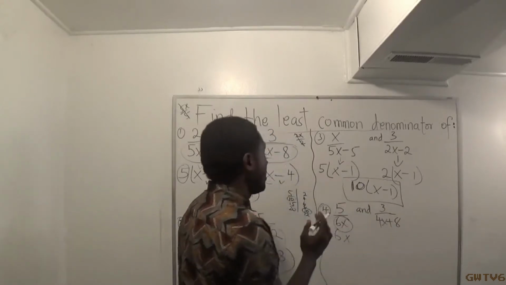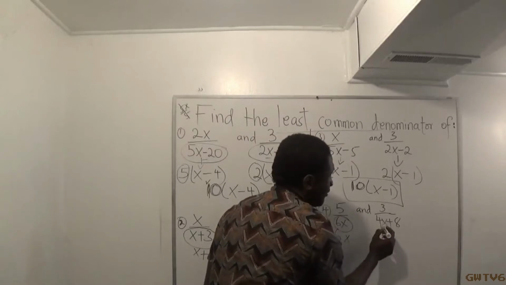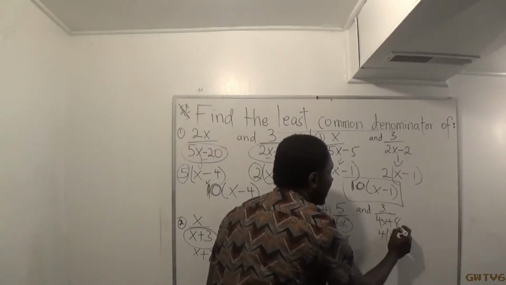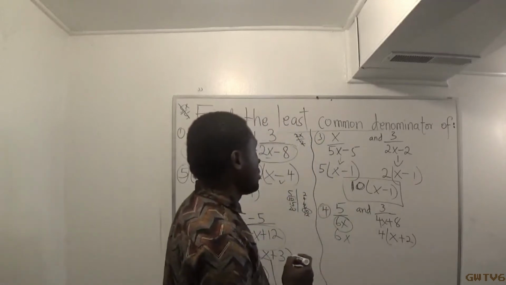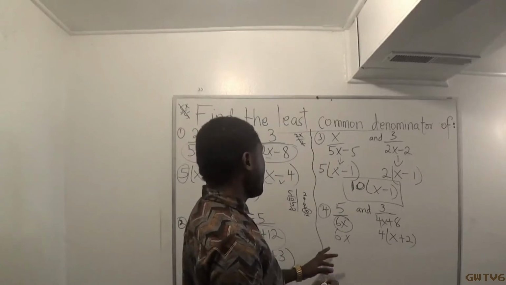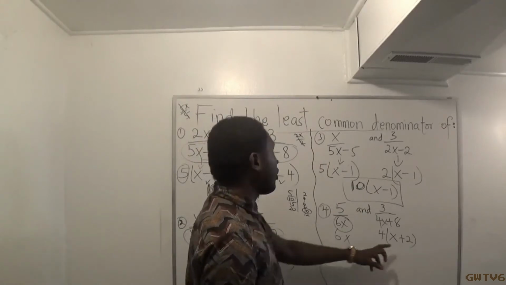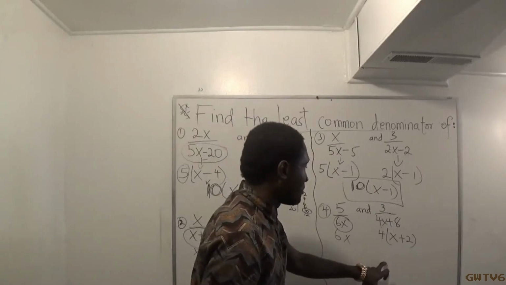But here, 4 can go into these two. 4x divided by 4 is x, 8 divided by 4 is 2. So plus 2. And what I'm going to have to do is, here, I have only one of these, I can bring that out.